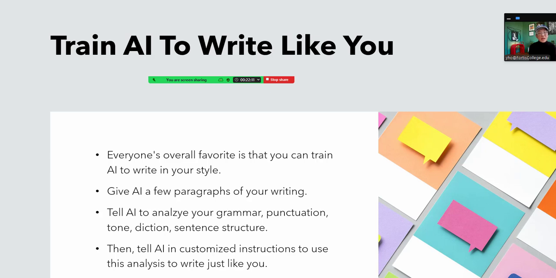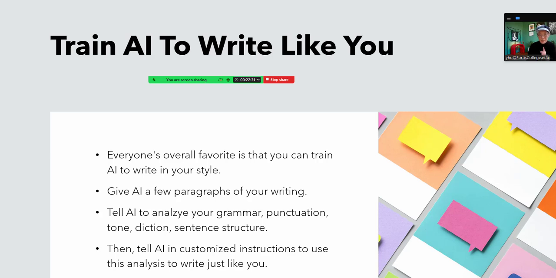I think there was a journalist whose friend trained an AI to write just like that famous journalist. And the journalist was amazed that his friend could write articles that looked just like his. And so you can train AI to write just like you.